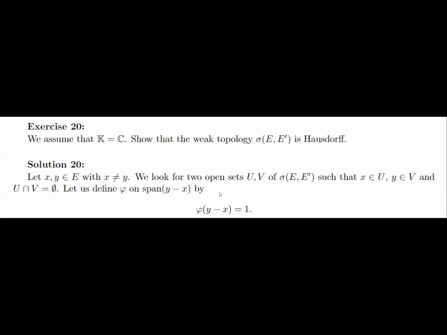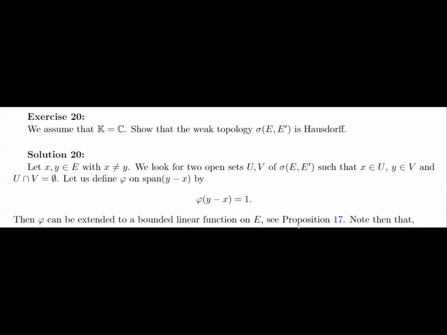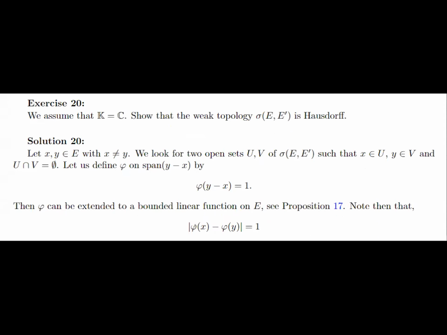All right, so as before, this defines a linear functional on the span of y minus x. So by the complex Hahn-Banach theorem, I can extend it to E. But now if I look at the distance between phi of x and phi of y in the complex number plane, this is 1.